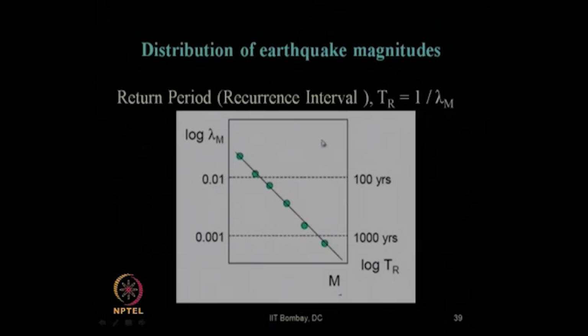That means, in other words, that in 100 years time that magnitude 5 earthquake will get repeated. Clear how they are correlated? Similarly, a lambda m of 0.001 will mean its return period is 1000 years. Clear?